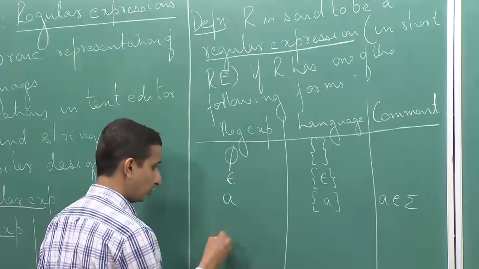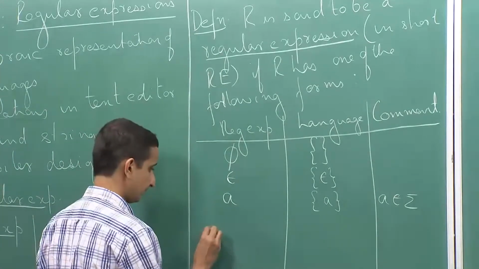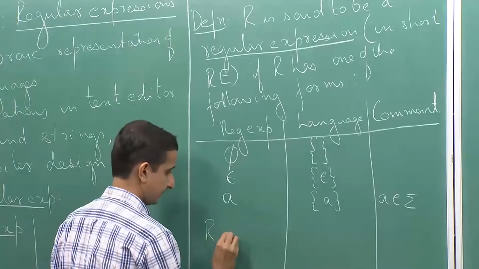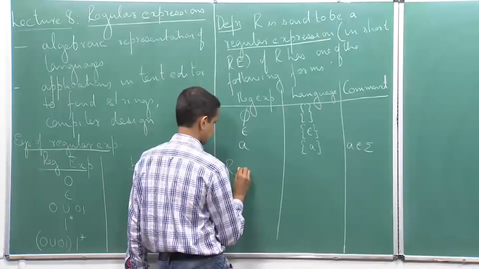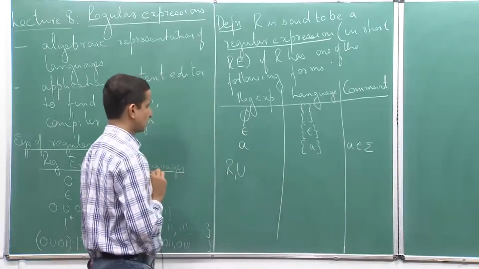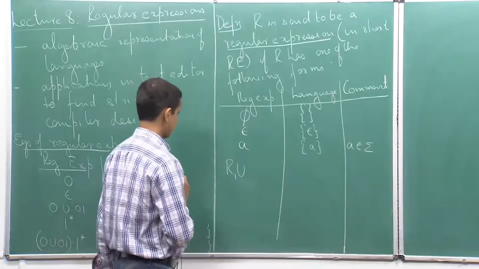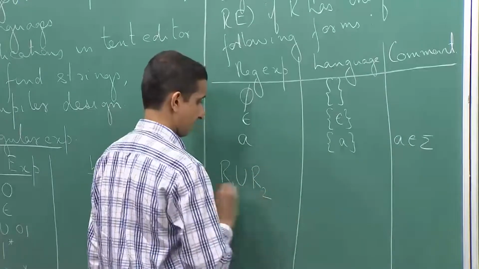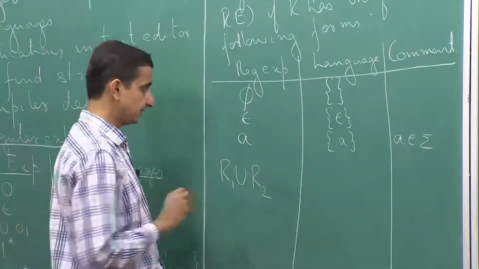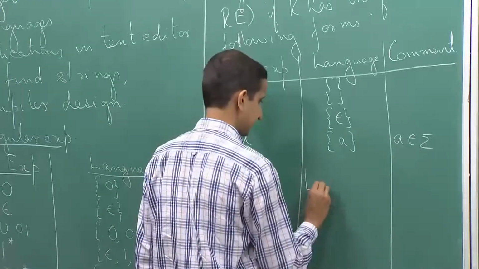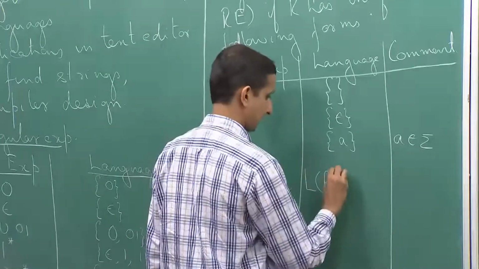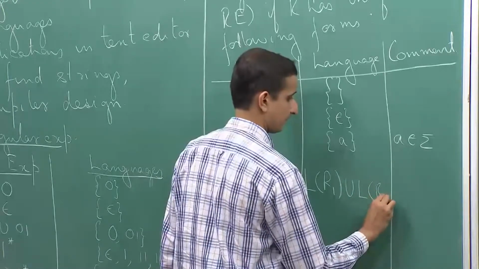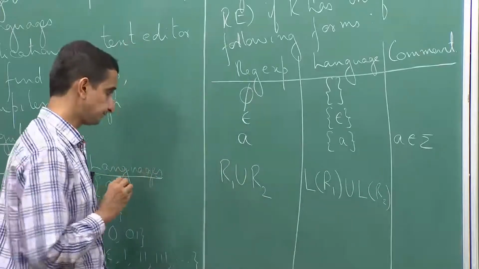Now for 2 regular expressions R1 and R2, R1 union R2 is a regular expression, and the corresponding language is L of R1 union with L of R2.